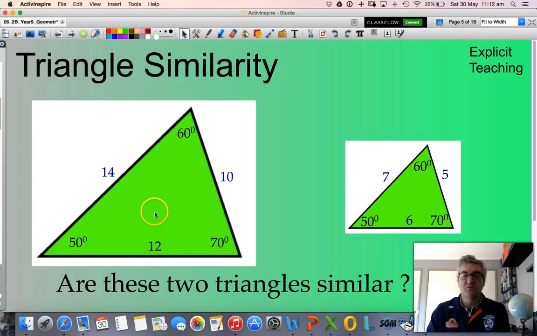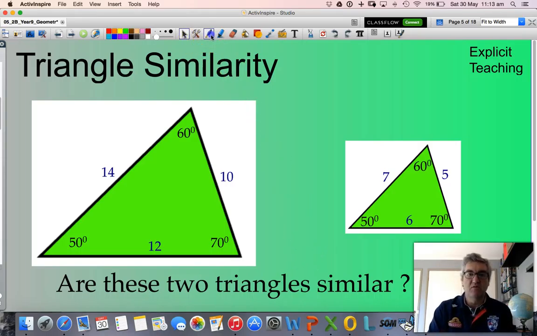Consider these two triangles. Now, we need to verify that all corresponding angles are the same. So you can see the angles here are 50, 60, 70, 50, 60, 70, and the corresponding sides need to be of the same ratio.